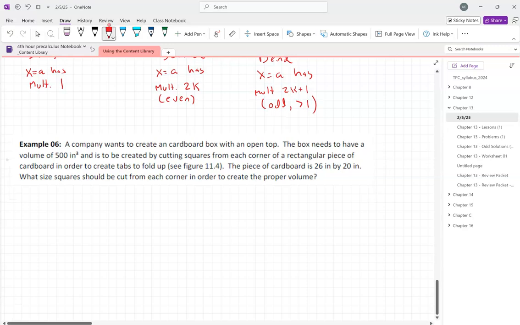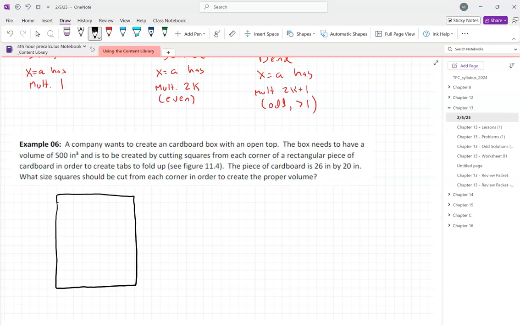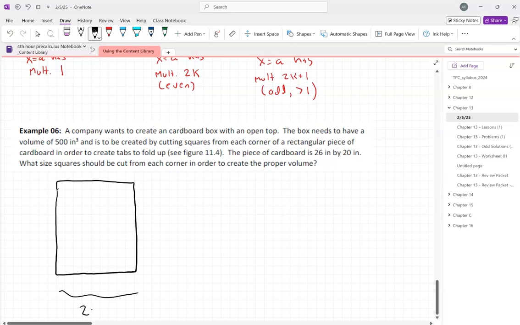Okay, well, let's just draw a picture here to start, kind of what it's describing. So we're going to have some rectangular piece of cardboard. And then out of the corners, we're going to cut these squares out, right?